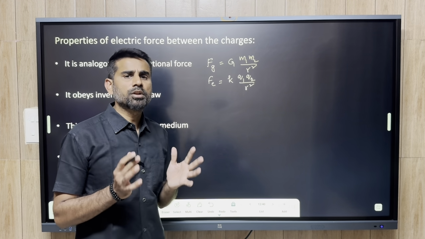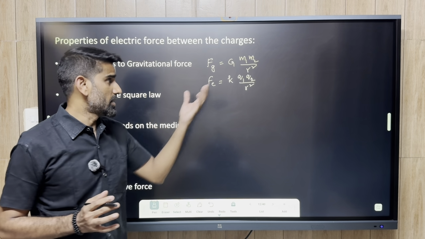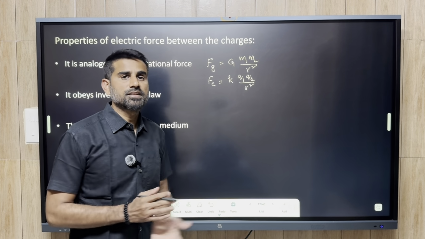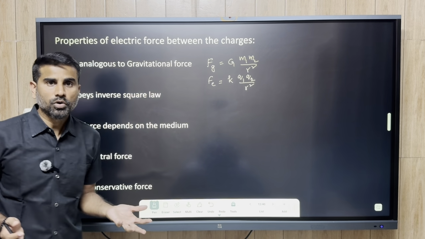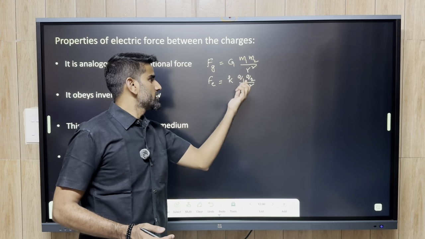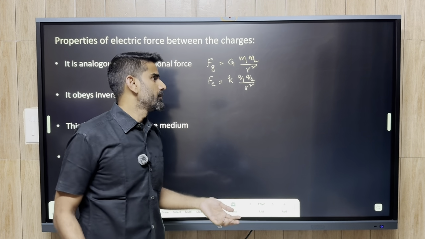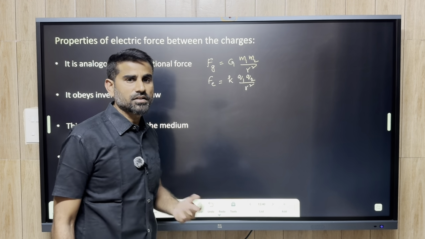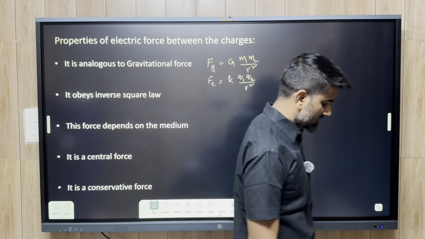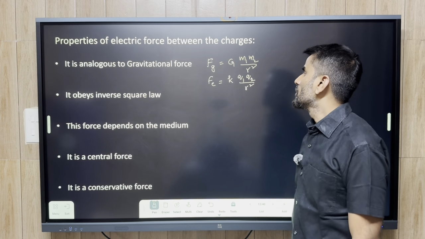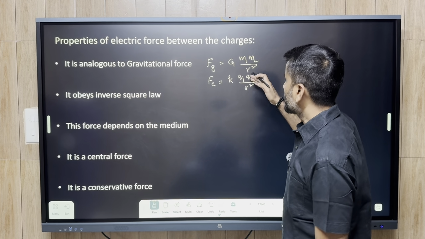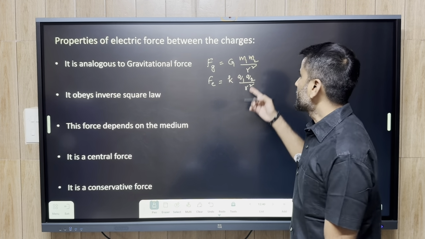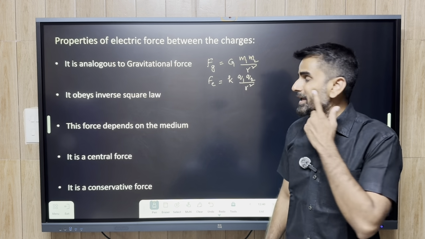Masses m1 and m2 are the fundamental property of the bodies, like charge. Charge is another fundamental property of the bodies. As mass and charge are fundamental properties of the bodies, these two also resemble each other. Now r square, distance, is obviously the same representation. So these two are constants, these two are fundamental properties of bodies, and r square is again the separation between the bodies.